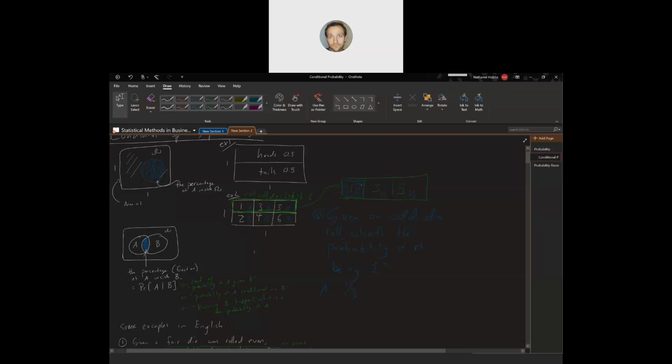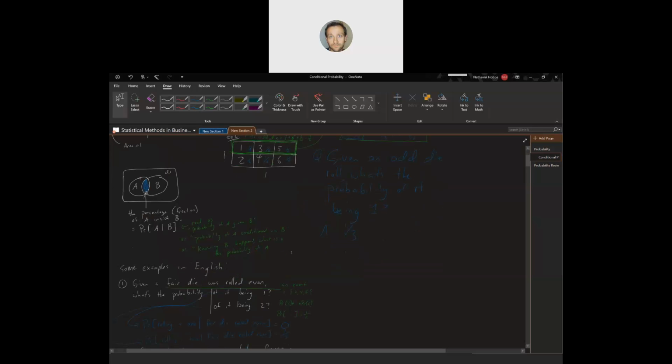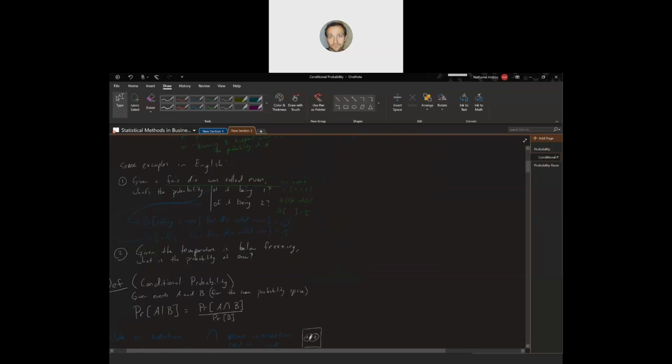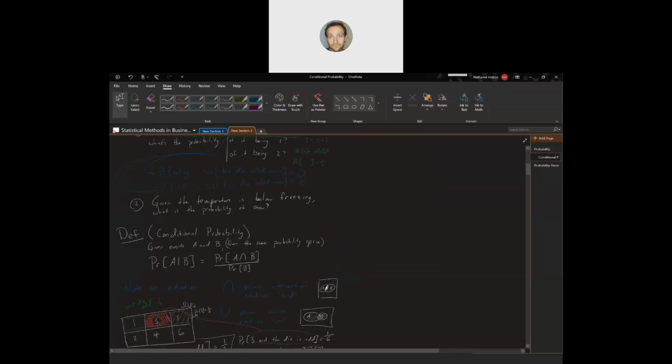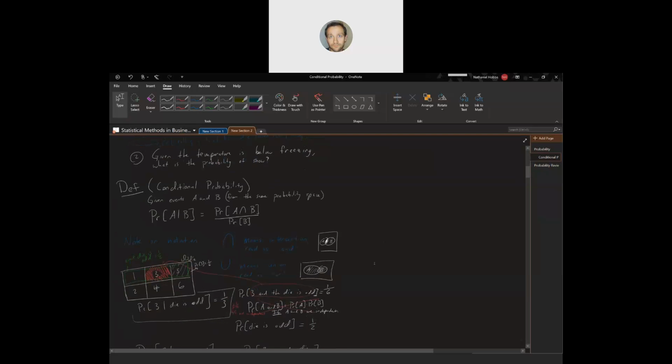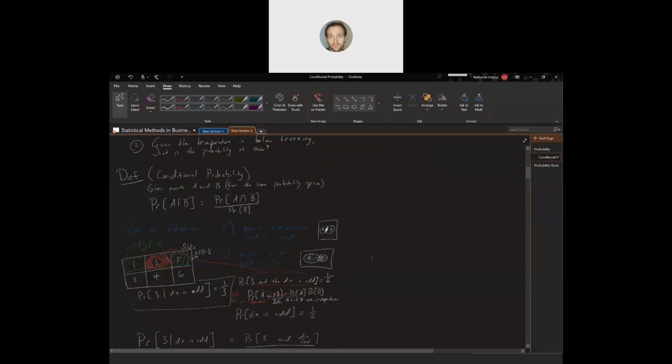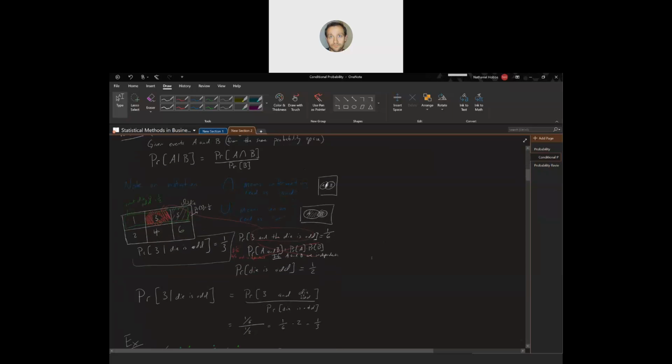There is a shorter way of calculating it. Its definition: the probability of A given B is the probability of A and B divided by the probability of B. So here's the same calculation using this definition.